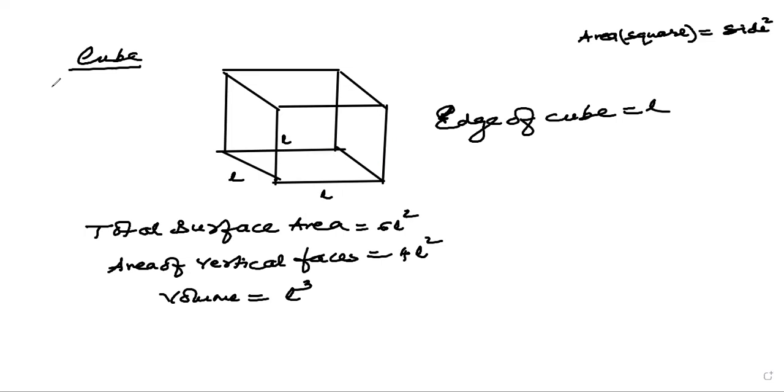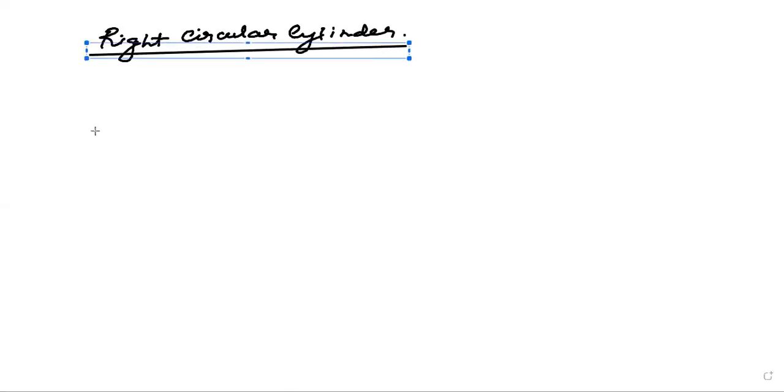The next solid figure you're going to learn is a cylinder, children. It's called a right circular cylinder. Remember, children, the right circular cylinder has got one curved surface and two round surfaces.